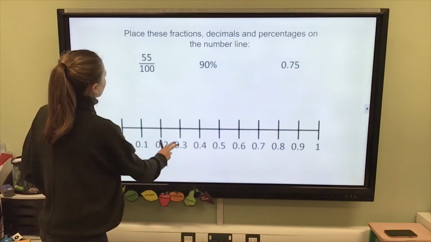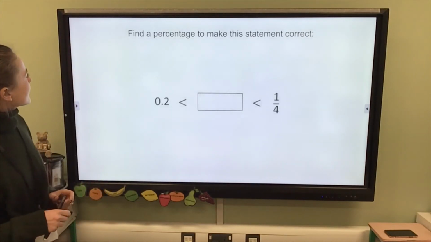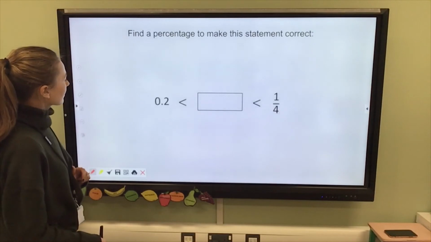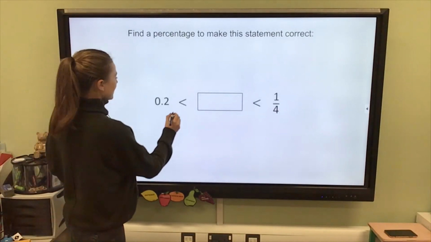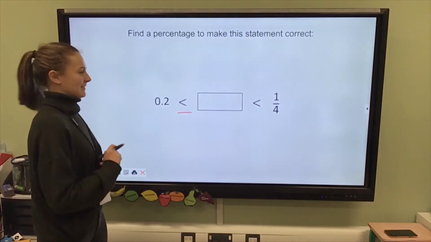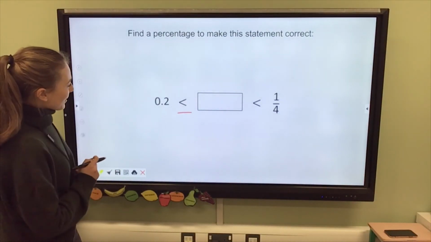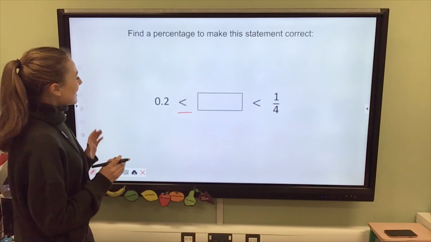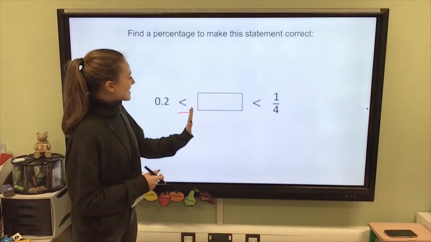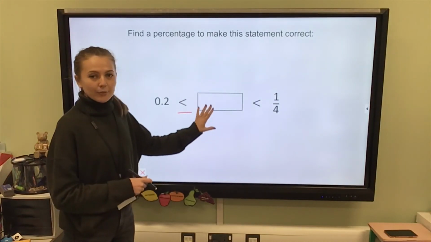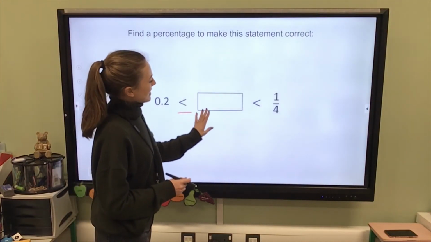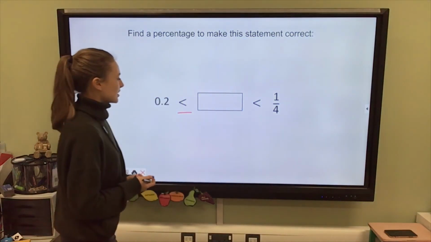So finally I'd like you to have a look at this. Find a percentage to make this statement correct. So first of all, we need to talk about these symbols here. What do they mean? They mean less than. So 0.2 is less than whatever this blank number is here, and whatever the blank number is here is less than 1/4.